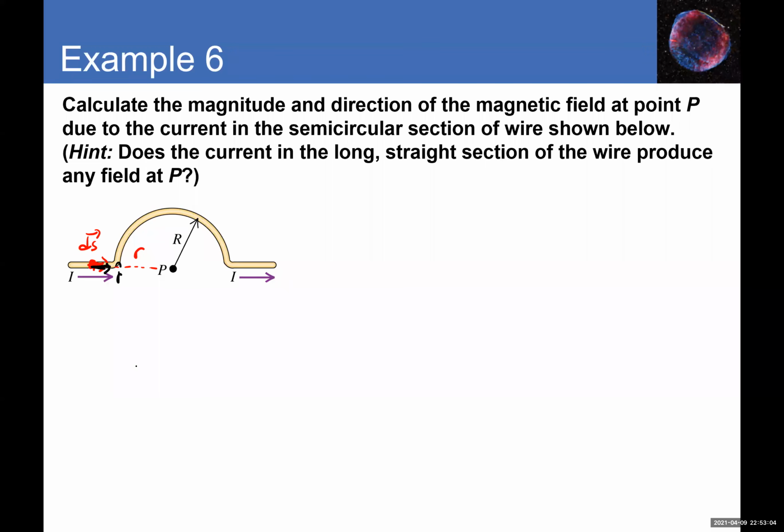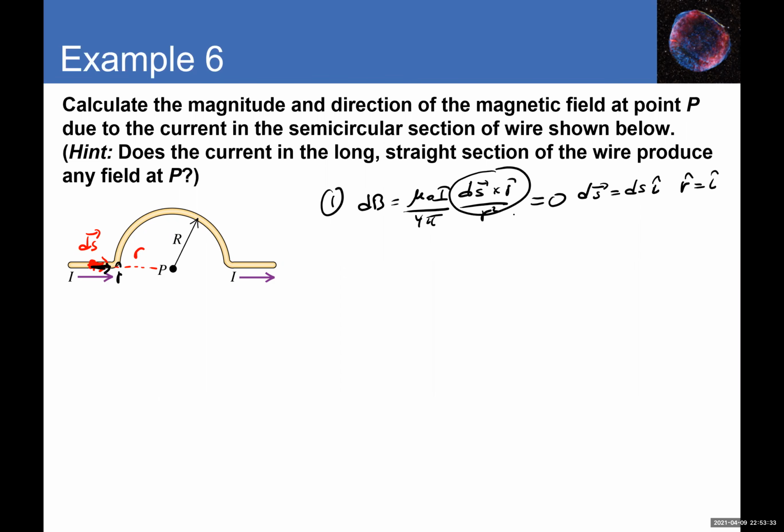For segment 1, I have dB equals mu naught I ds cross r hat divided by r squared, over 4 pi. But here I can see that ds equals ds i hat, and r hat is also equal to i hat. If I do a cross product of those, I'm going to get 0 because both of them are along the same axis.